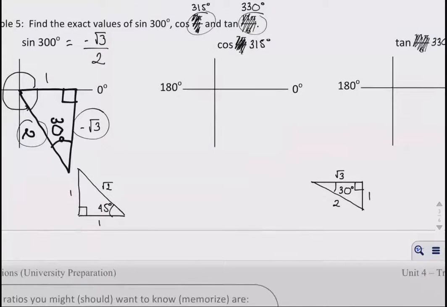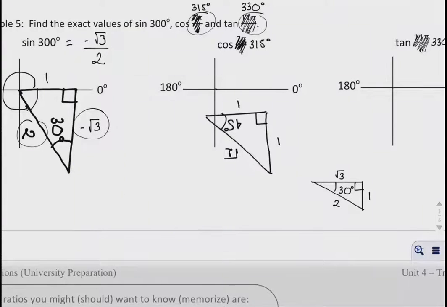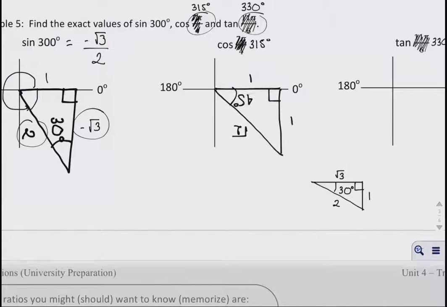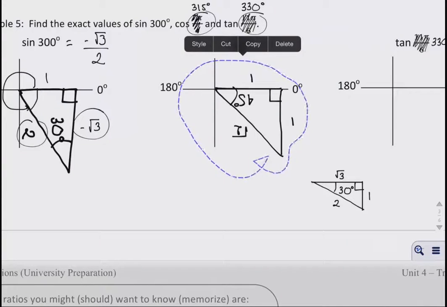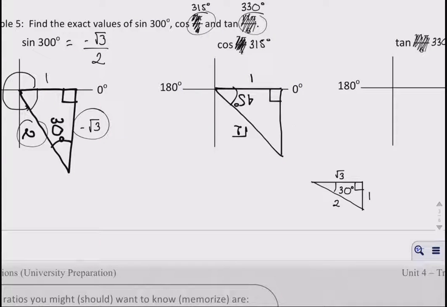For cosine of 315, well, we know 315 is 45 degrees before or below the x-axis. So that means I'll be taking this triangle, reorienting it so that it flips upside down, and put it in here. Again, let me just label all the sides accordingly.